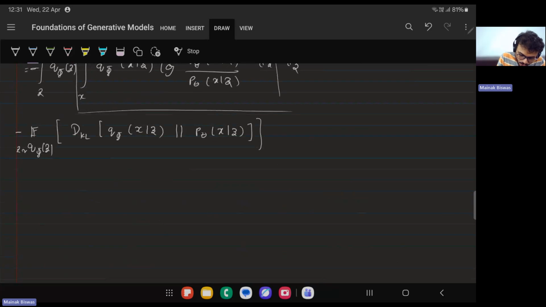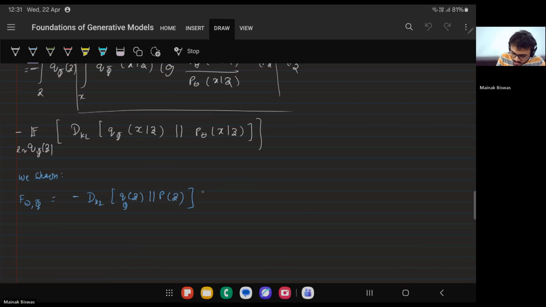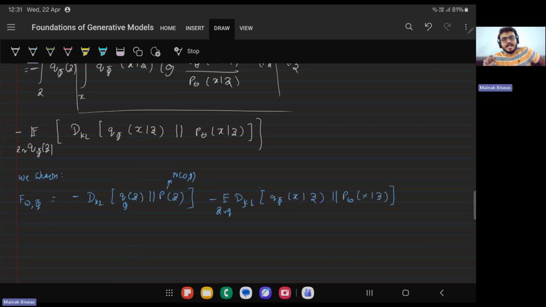So now we have shown that f of theta and phi is given by minus the KL divergence between q phi of z and p of z, which is normal 0, 1 again, minus the expected value of the KL divergence between q phi, the posterior of the data given the latents, and the reconstruction of the data, right? These two terms is what we have.